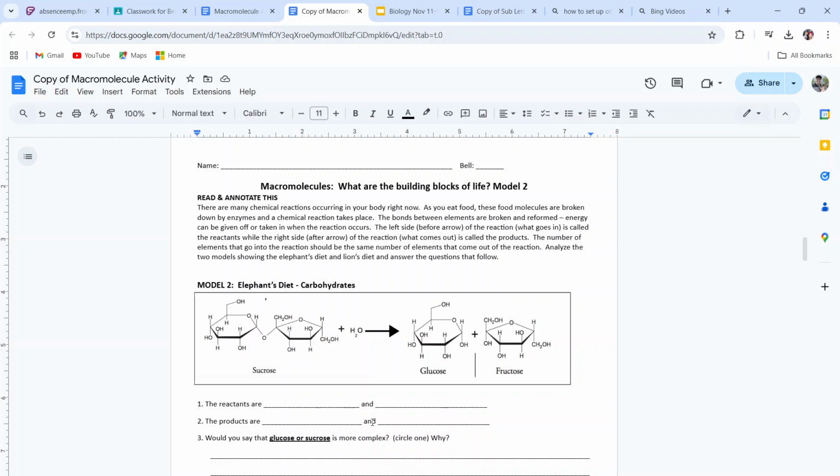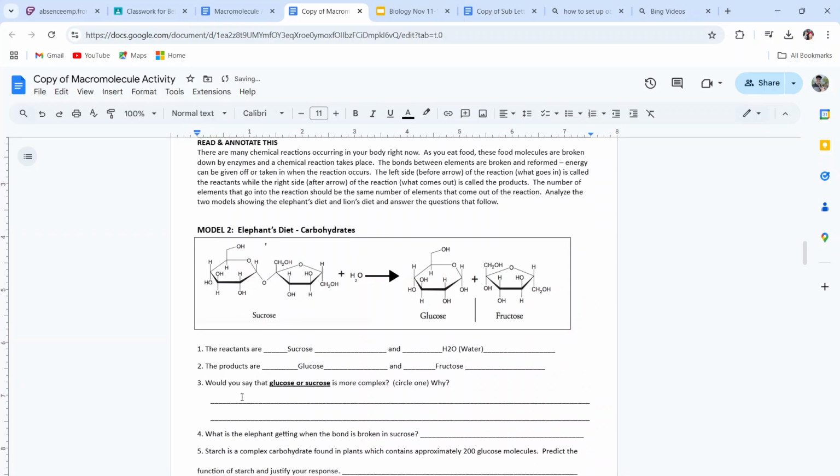So we see that for the reactants for this, we have sucrose and we have H2O, which is just water. Now, your sucrose and your water are going to work together and they're going to break apart this bond that exists right here, and it turns it back into its original source of glucose as a product and fructose.